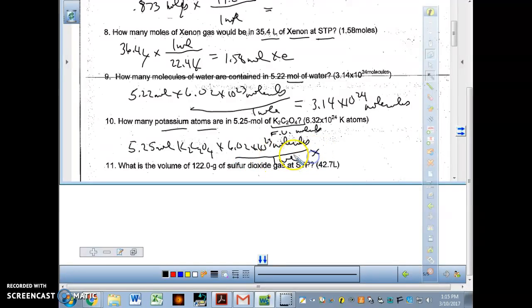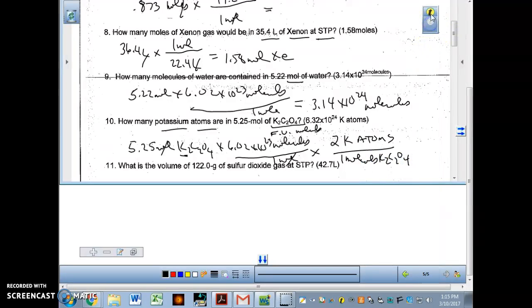And then what we're going to do is we're going to multiply by how many potassium atoms are in every molecule, which is 2. There's 2 K atoms in every molecule of K2C2O4. So our answer is double what we would have normally calculated. So when we do that, we'll take this times this times this. So that's going to be essentially that answer there, the 6.32 times 10 to the 24th.